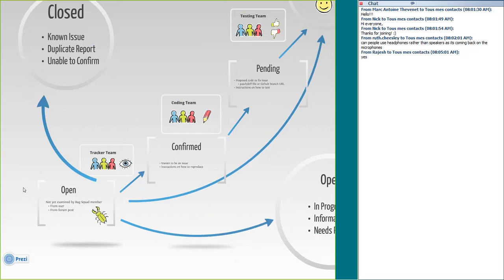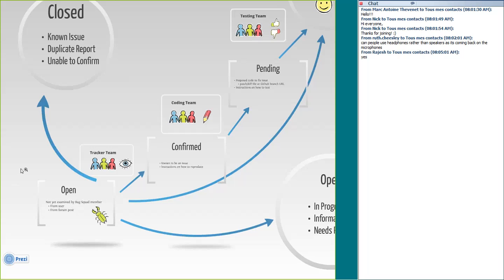So we conceptually divide the bug squad into some teams, and these teams are not hard and fast. Lots of people do things in more than one team, but it's easier to think about it in terms of what the skill set somebody has and where they would fit into the bug squad.